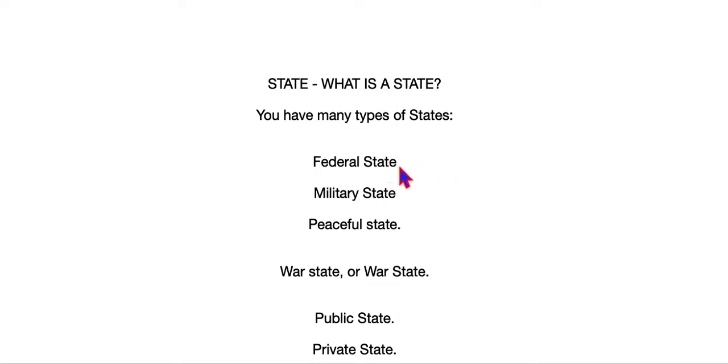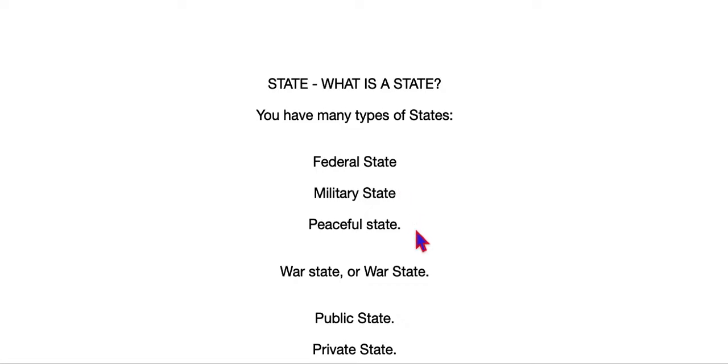So classes of persons are things such as the federal state, so the federal people, the employees and officers of the federal government. The military state, which excludes civilians, so civil servants are not included in the military.